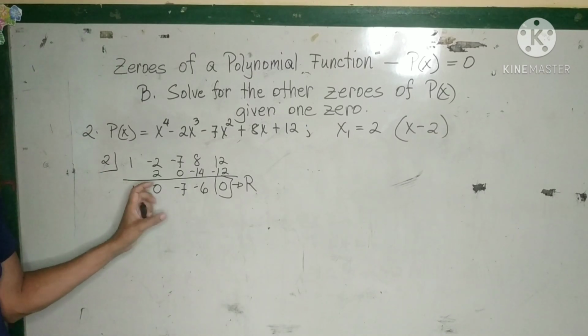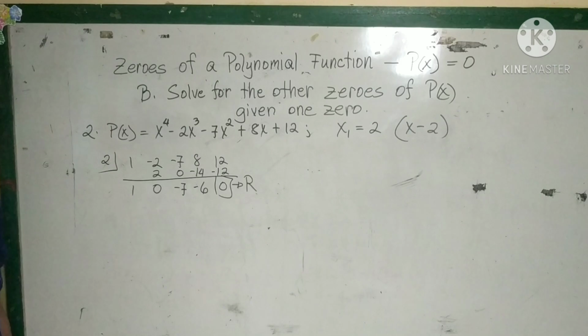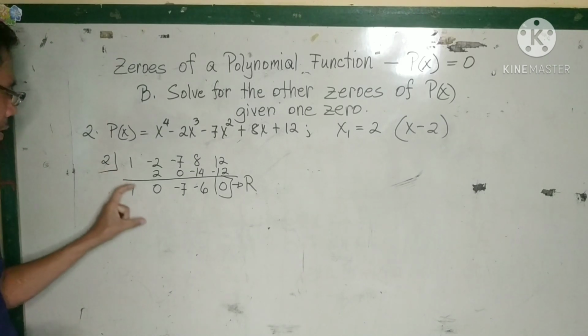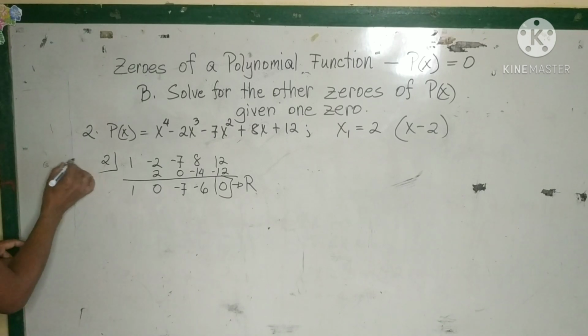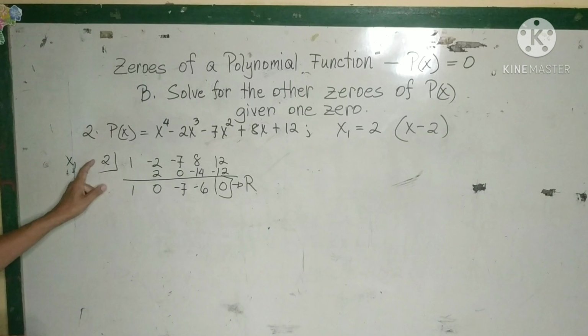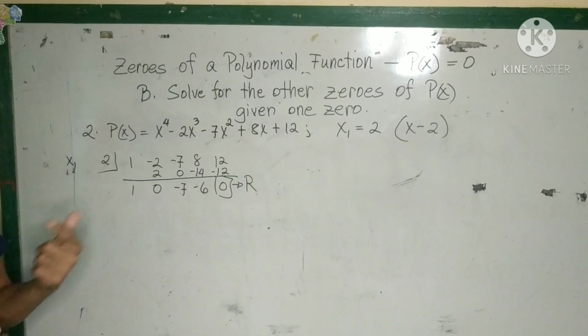So from here, actually we can continue the synthetic division. So this is already our x sub 1, that is 2. So we are going to have a trial and error.